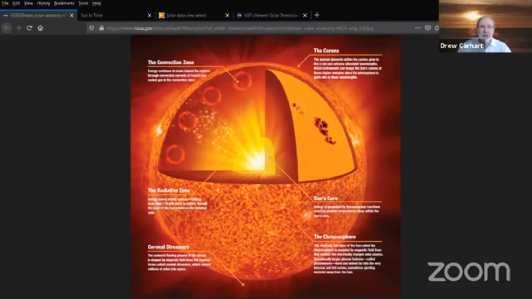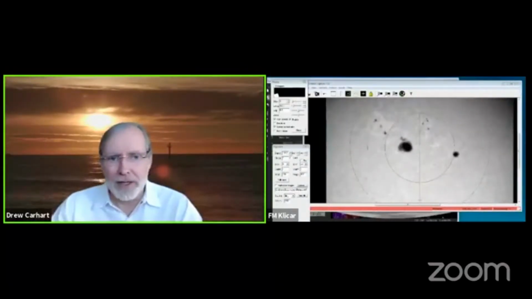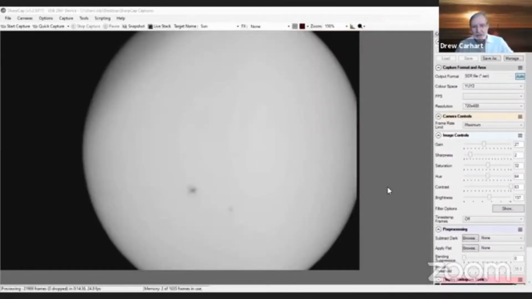So basically, Jim's got a telescope. I'm going to unshare. Jim's got a telescope that has a filter on it that allows him to safely look at the sun through the telescope by blocking out almost all of the sunlight before it even gets to the front lens of the telescope.